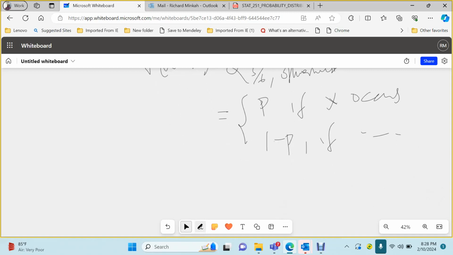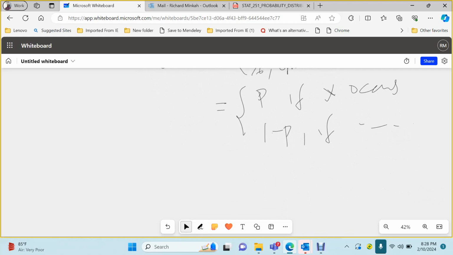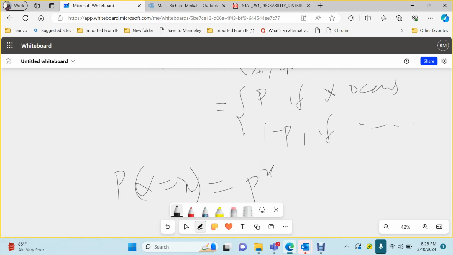If you understand it from this point of view, then I can put them together: the probability that X is equal to x will be p to the power x times 1 minus p to the power 1 minus x, and x is equal to 0 or 1.